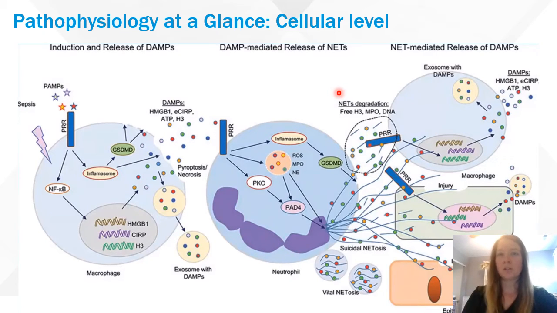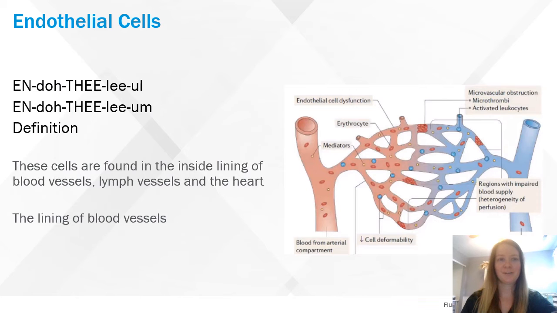So now what we're going to do is focus on how these pathogen recognition receptors, again PRRs, are found on the endothelial cells and how that process creates the pathophysiology of what we know as extreme sepsis or septic shock. So, endothelial cells.